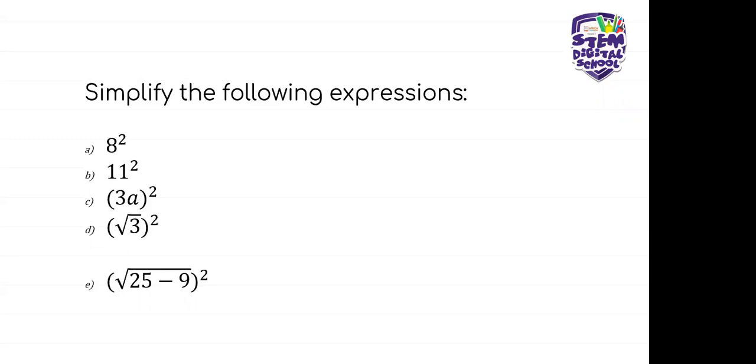Remember one of the basic rules of exponents, and this is rule number 1 of exponents. And it says that if you multiply 2 powers with the same base, you add the exponents. So now we are multiplying 2 powers with the same base.